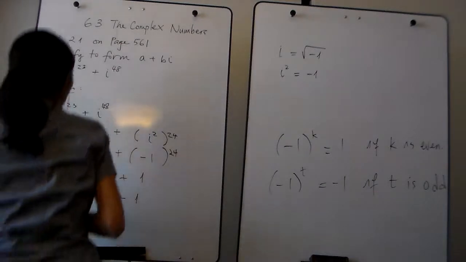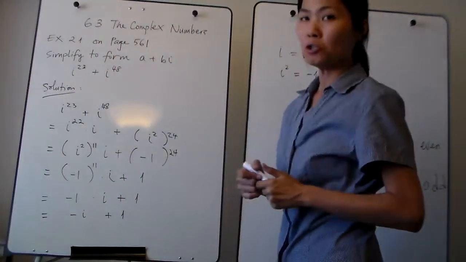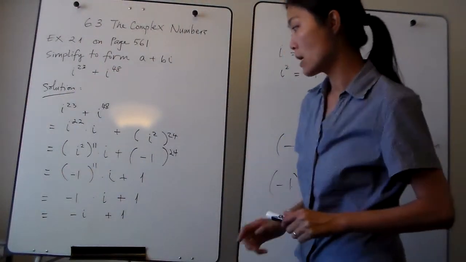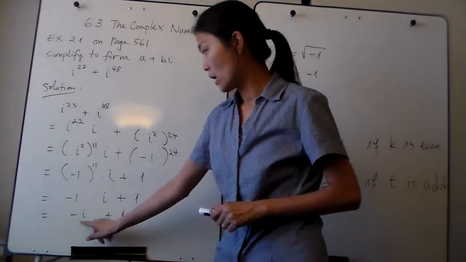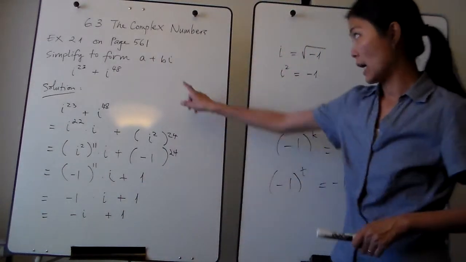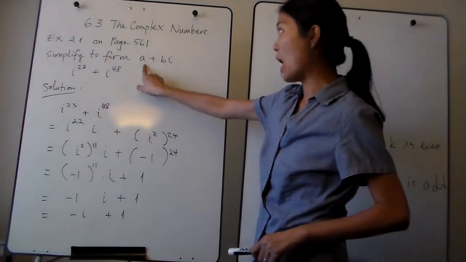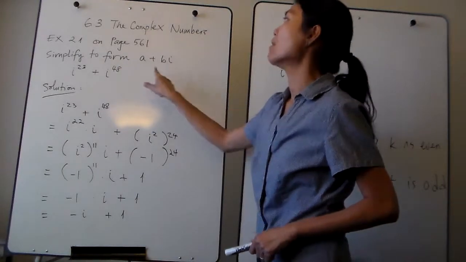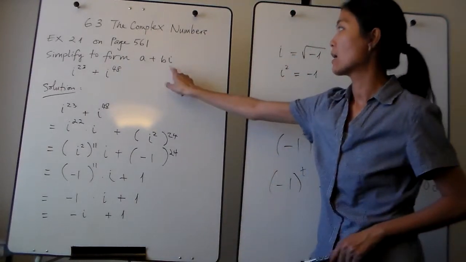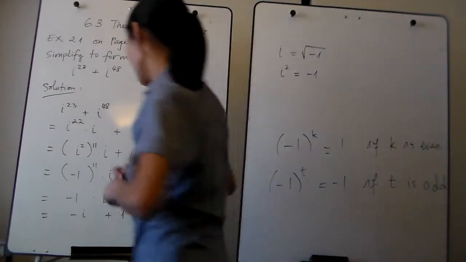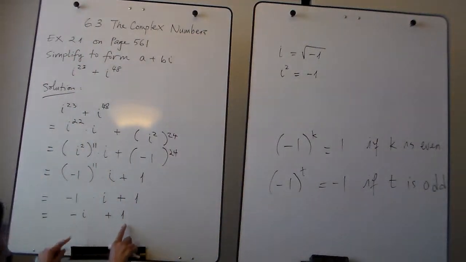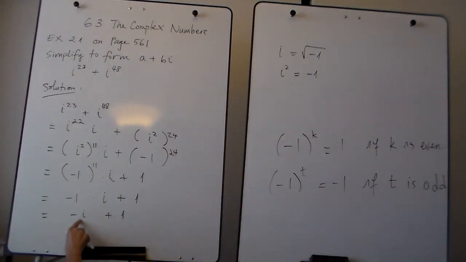We are close. For a complex number, usually we write the term that has i at the end. Any number without i goes first, and any number with i you leave at the end. So I will switch these two terms, because this one has no i and this one has i.